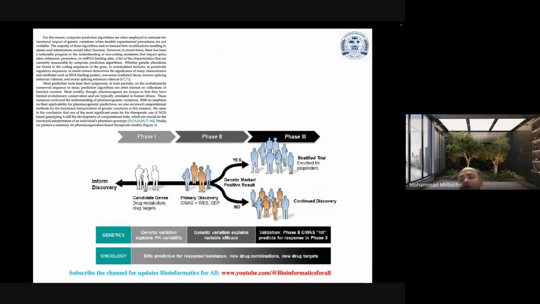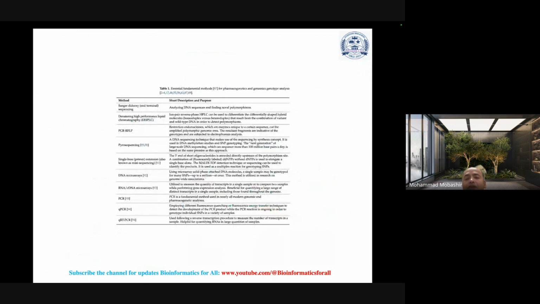Then phase 3 is the trials, stratified trials, continued discovery, and what these discoveries are: genetics, oncology. These are the different things you can think about. So predictive things for the response, resistance, new drug combinations, multiple drug combinatorial therapeutics, and new drug target predictions.